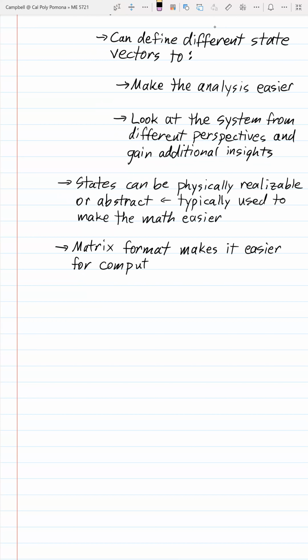Because, of course, computers love arrays of numbers for computers to efficiently analyze the system properties. And responses.